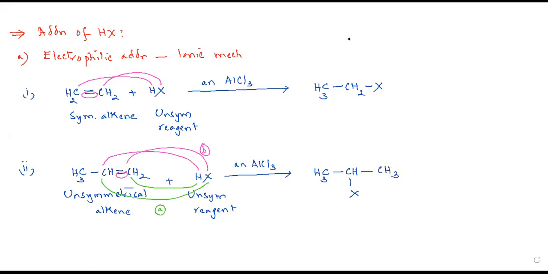Okay, this is A. Then B. See, in this we get CH3, CH2, CH2, X. You know, this is major.